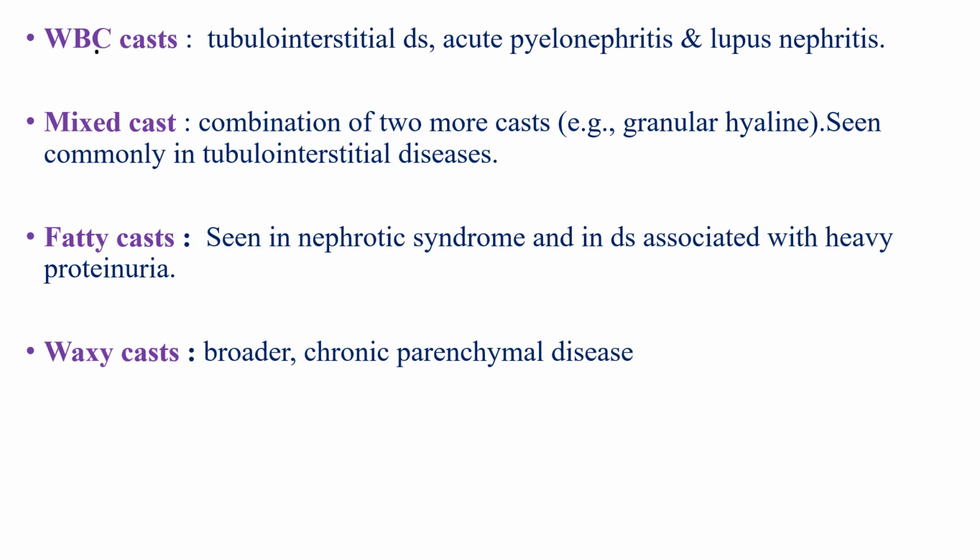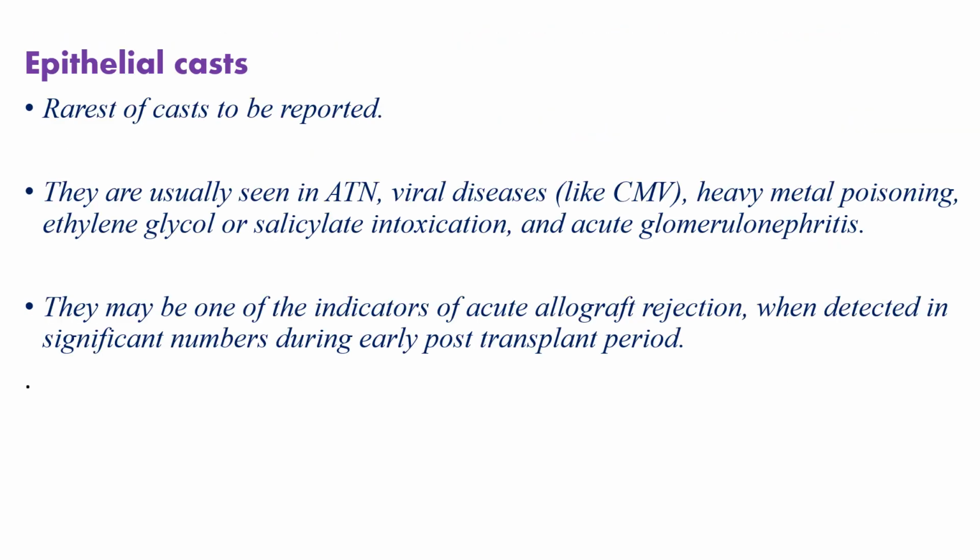Waxy casts are broader, and chronic parenchymal disease can cause waxy casts. Epithelial casts are the rarest of casts to be reported. They are usually seen in acute tubular necrosis, viral disease, heavy metal poisoning, and the like. They may be one of the indicators of acute allograft rejection when detected in significant numbers during the early post-transplant period.